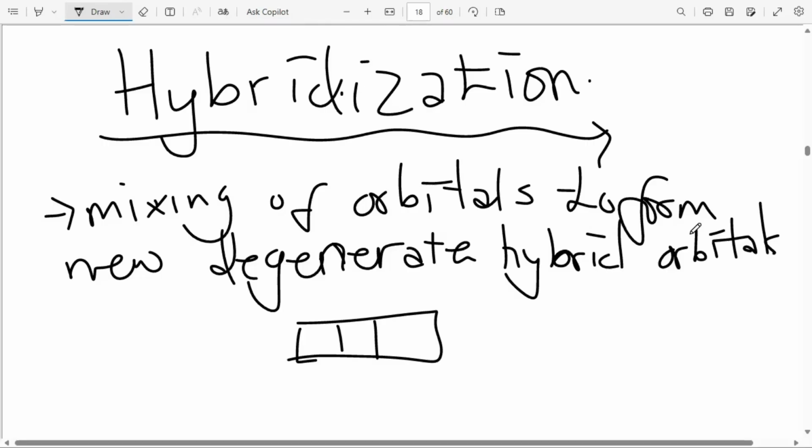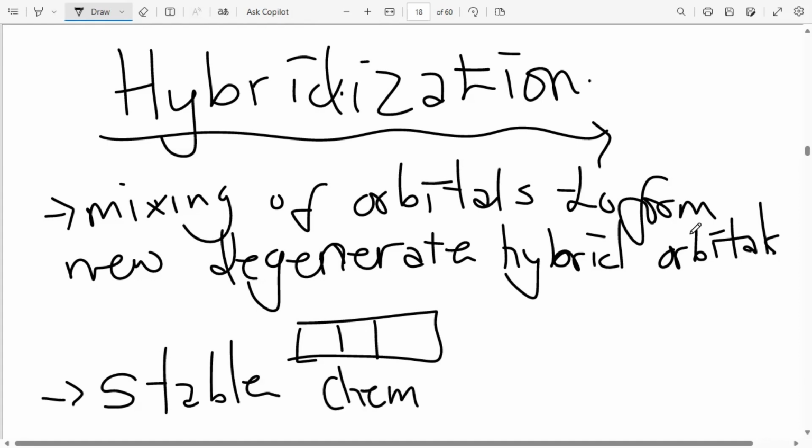Now, the hybrid orbitals that are formed are going to have specific shapes and orientations in space. And this is just to allow for the optimum pairing of electrons. And this should lead to stable chemical bonding, chemical bonds in molecules.